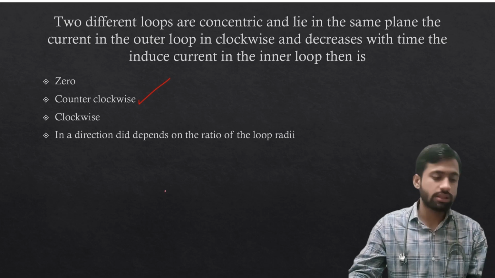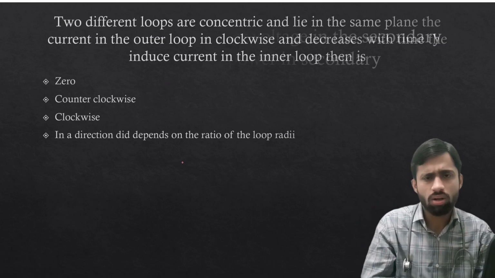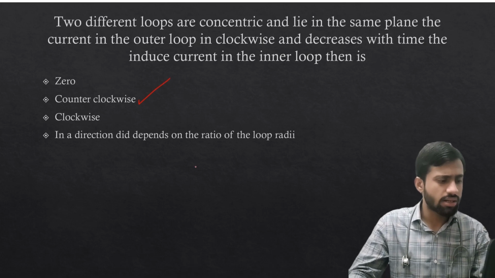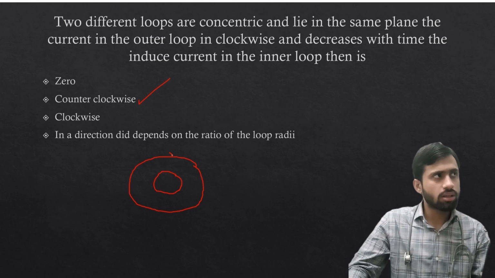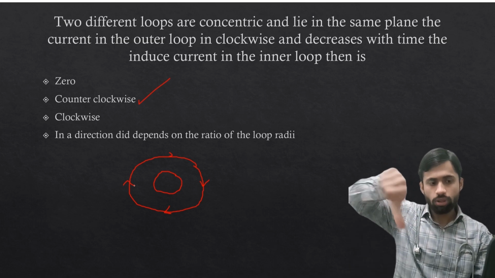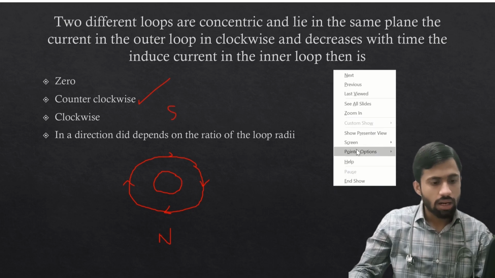So it will be counterclockwise. You can also understand it like this, let's draw a diagram. This was the outer loop, this was the inner loop. The outer loop direction was clockwise, and clockwise indicates that the north pole is downwards and the south pole is upward.